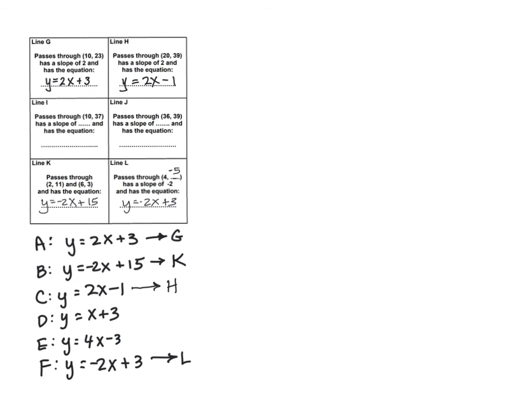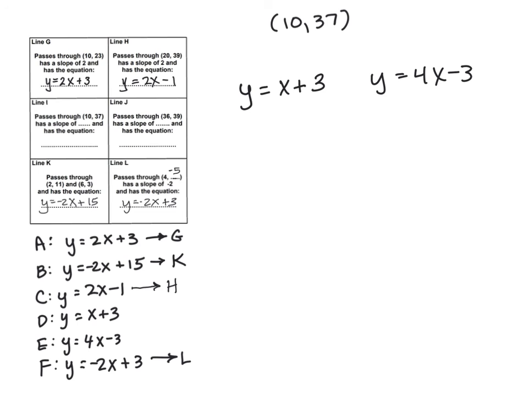The way we're going to figure out which one is which is I'm going to take the point (10, 37), and we have to substitute it into both of the equations and see which one makes a true statement. So this was D, and E is y equals 4x minus 3.